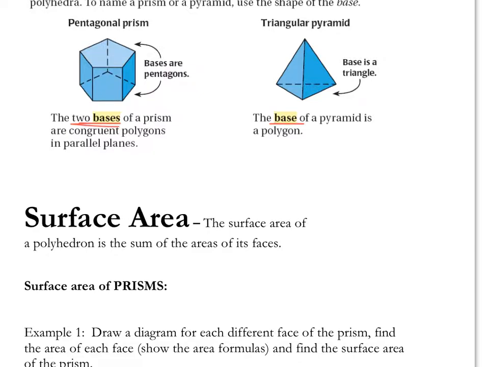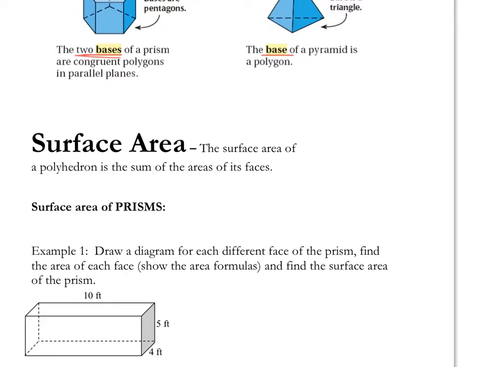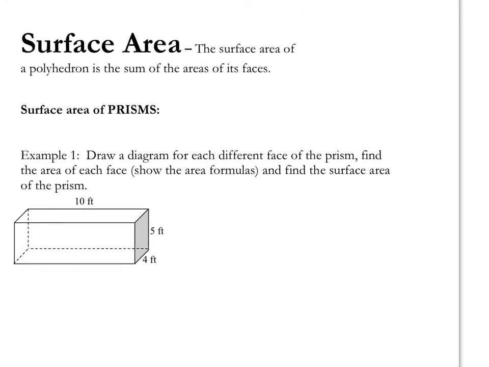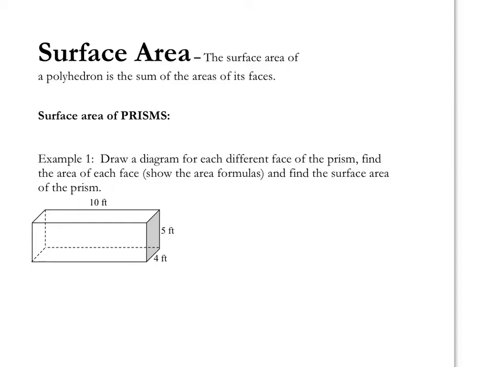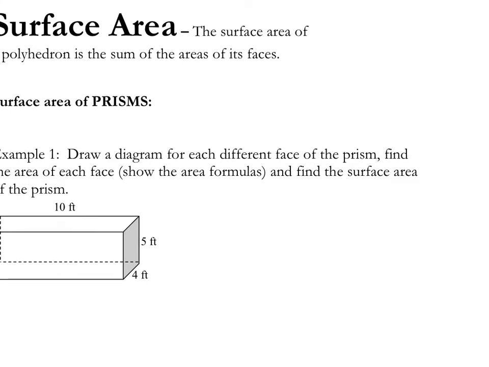Surface area of a polyhedron is the sum of the areas of its faces. So for prisms, all we're doing is writing down all the shapes and adding them all up. So how I teach it, and I think it helps you organize all your information, is I'm going to make a chart.